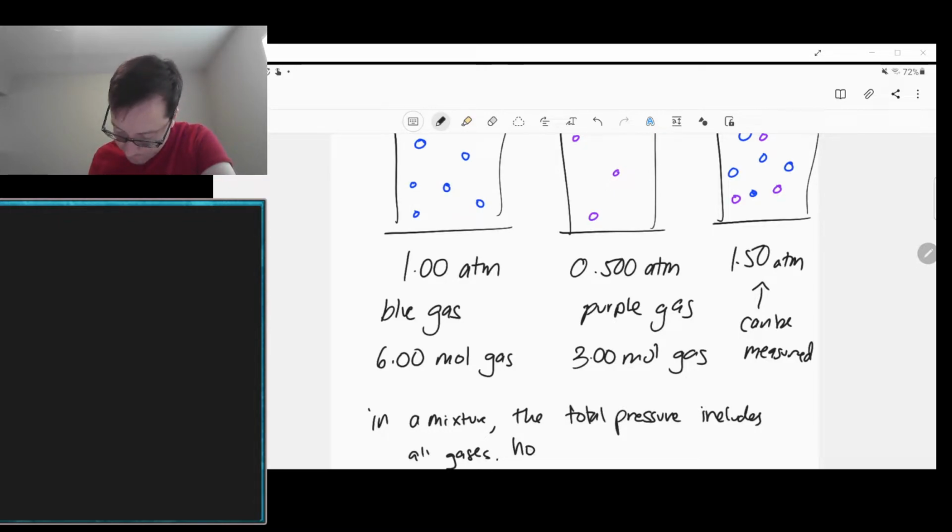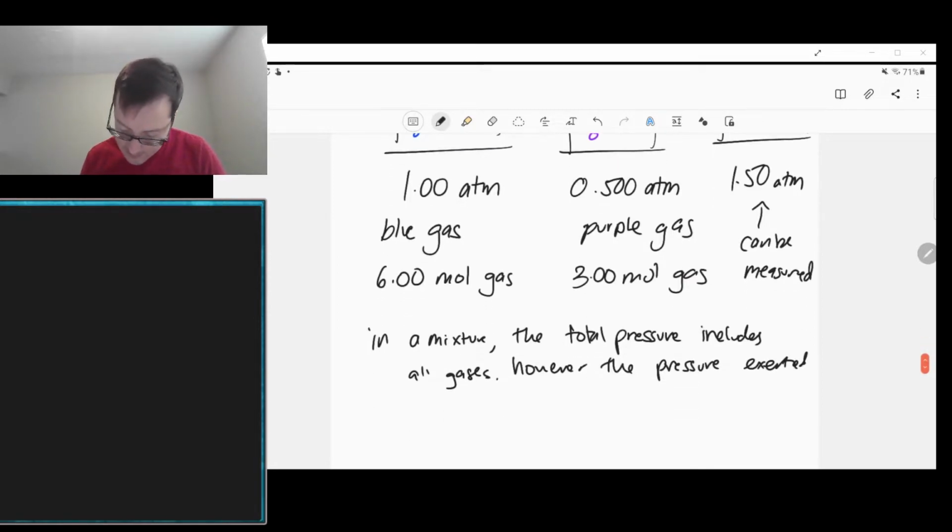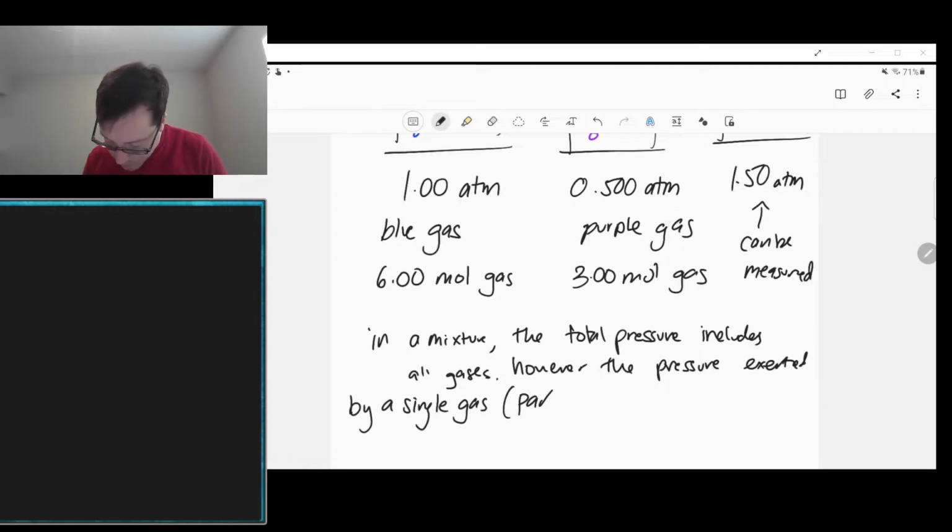However, the pressure exerted by a single gas, aka the partial pressure, is proportional to the moles of that gas.